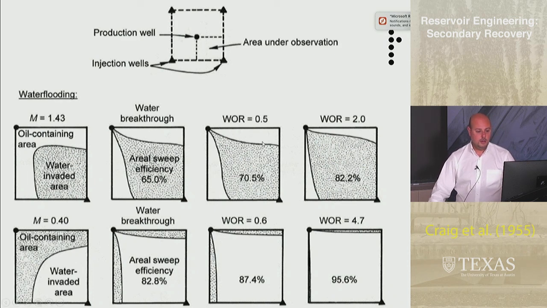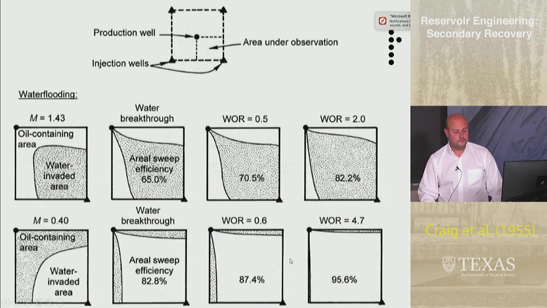You can see over here that the water-oil ratio is about the same, but this occurs really early at 70%, whereas this doesn't occur until 87%. So the water-oil ratio doesn't get to 0.5 to 0.6 in the low mobility case until you've swept 87, 88%. And when the water-oil ratio gets a little bit bigger, this occurs at 82%, and this is almost 96%.